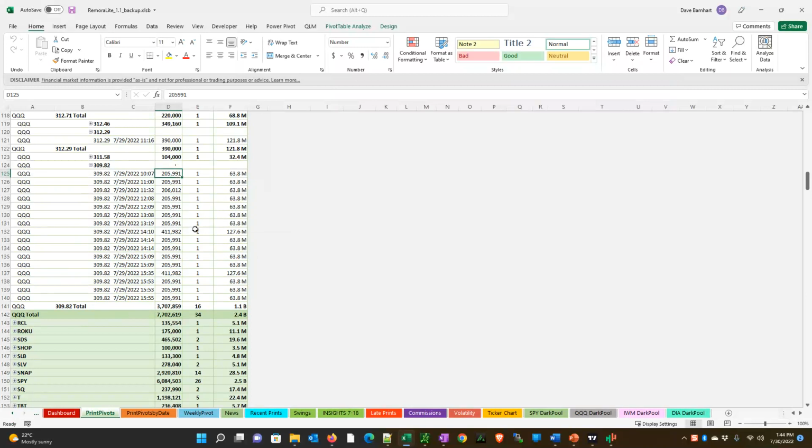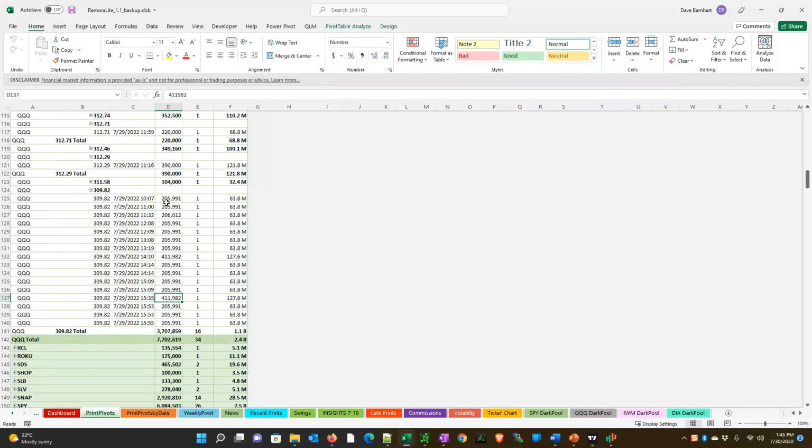Because options are divided by 100. That doesn't work. So these are just weird share sizes, and we know these are signatures like 410, 411, 412, or half of that, right? 205 is half. We call that a half Levi. That's a full Levi on the Qs.